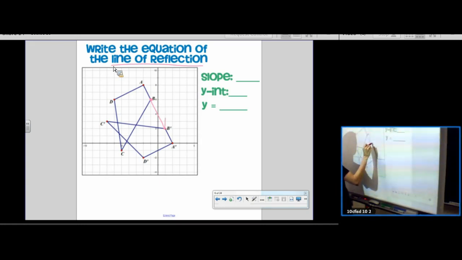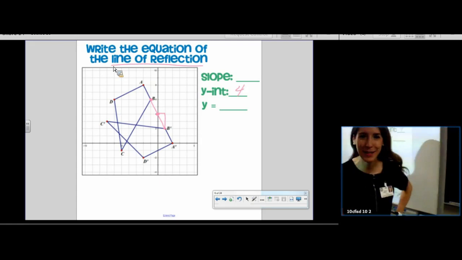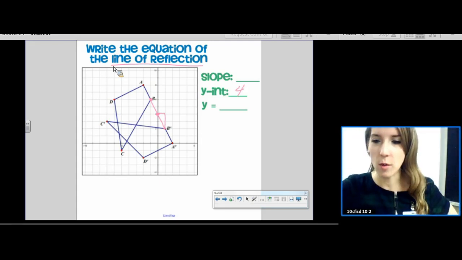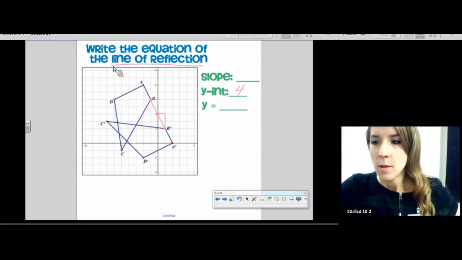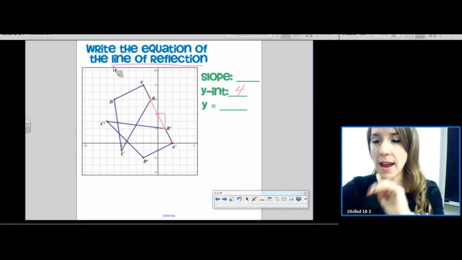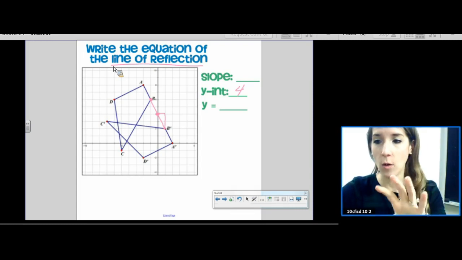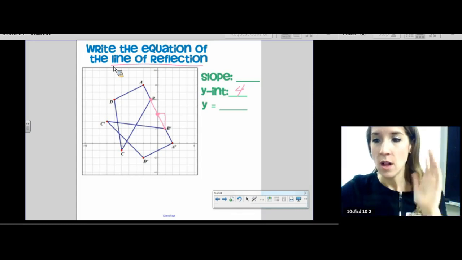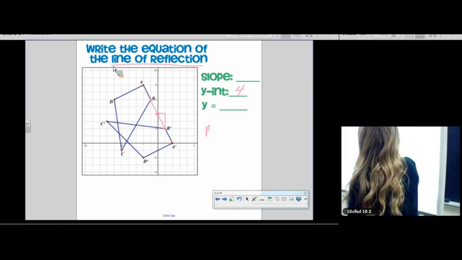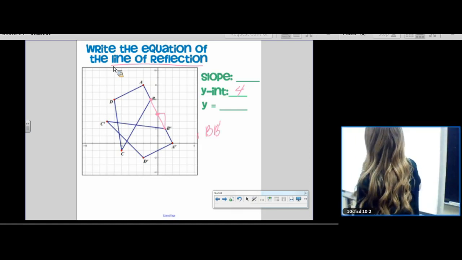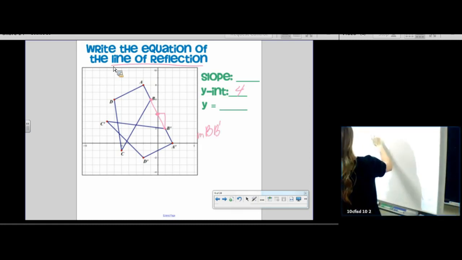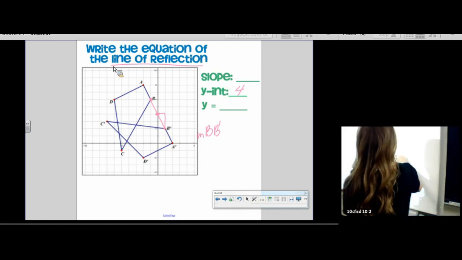So I'm going to rise 2 and run 1. When we find the midpoint, it happens to also be the y-intercept. That won't always happen. So the y-intercept is 0, 4, right? I'm going to let you just write 4 for the y-intercept, okay? Now we need to find out what that slope is going to be. The slope of B prime, slope, is rise 1, 2, 3, 4, go backwards 2.